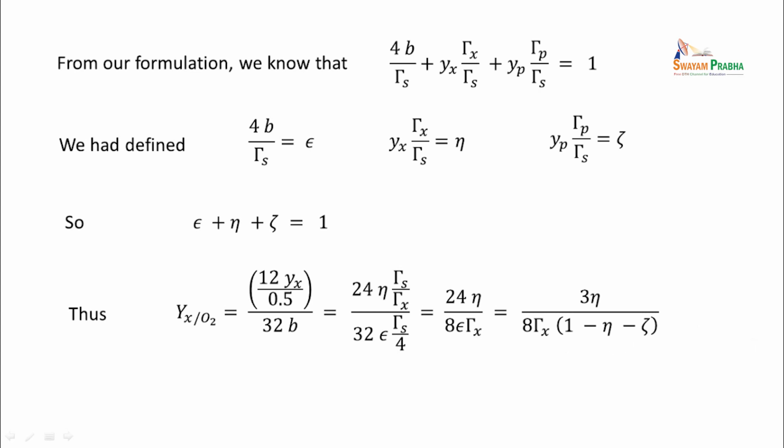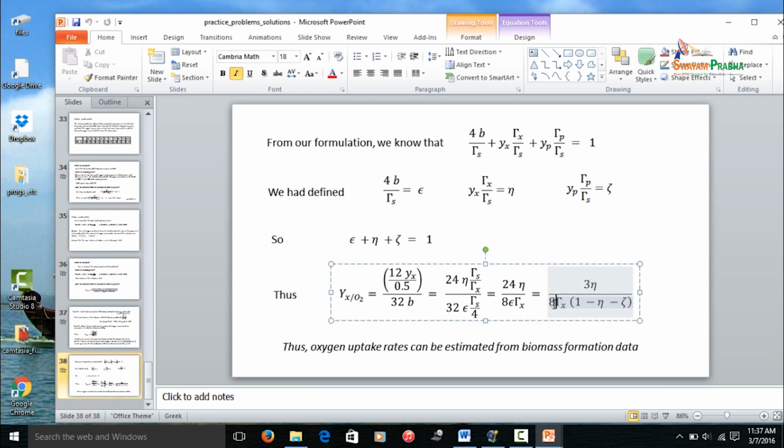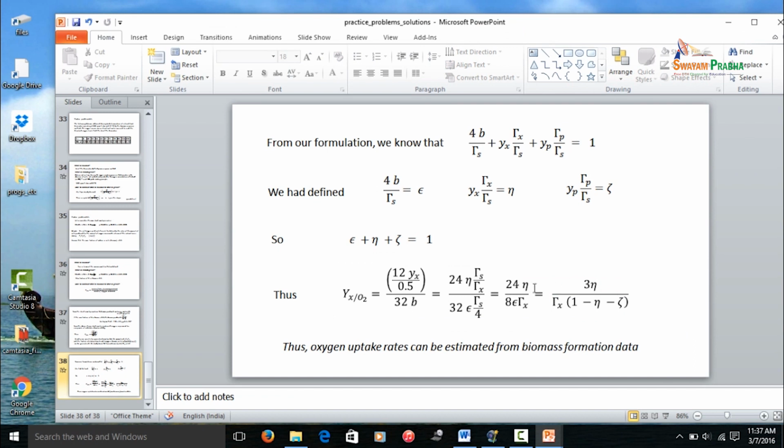Let's do that right away so that there is no confusion. Yes. So that has been taken care of. 3 times eta, 24 by 8.